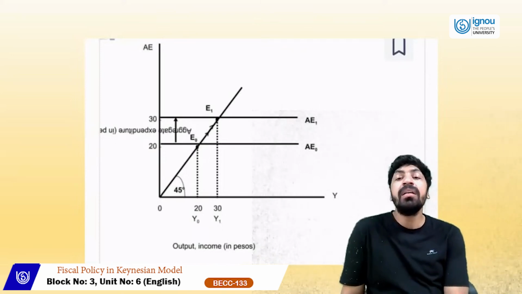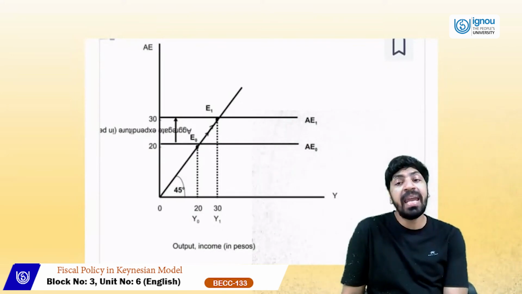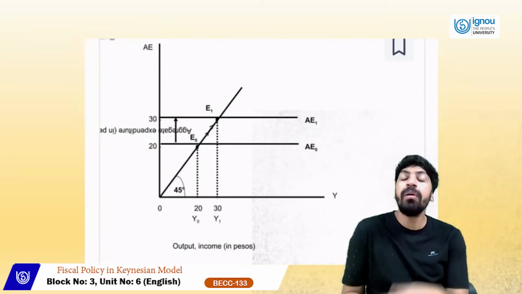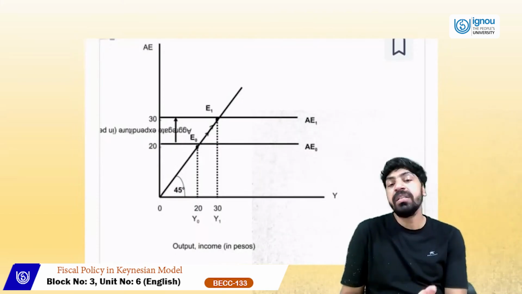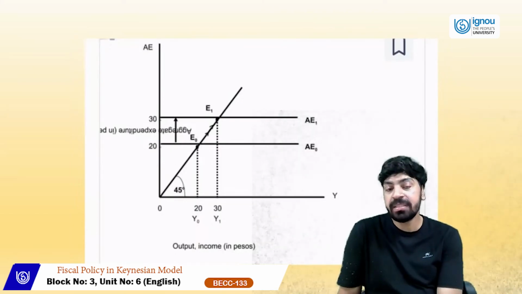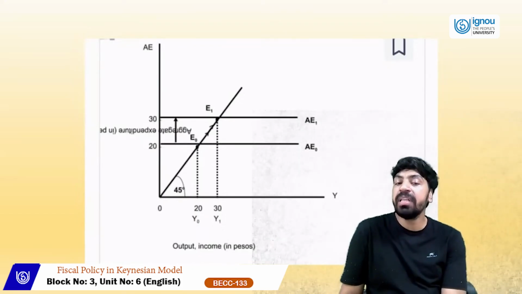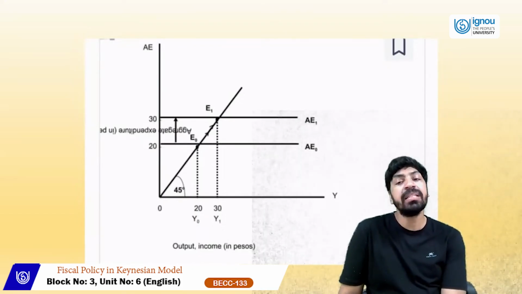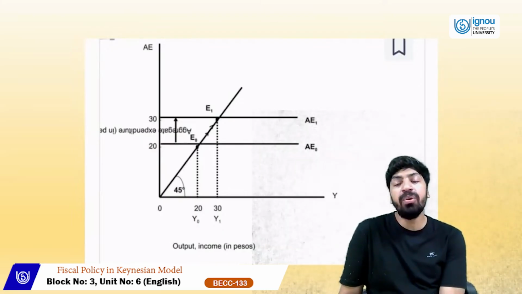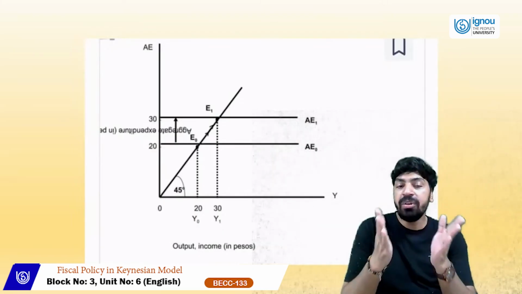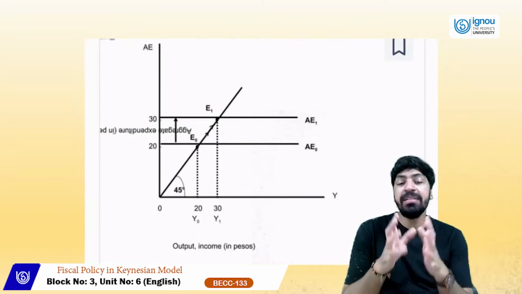When the 45-degree angle line intersects AE0, the original aggregate expenditure line, the intersection point is called E0, that is the original equilibrium income point, E0.